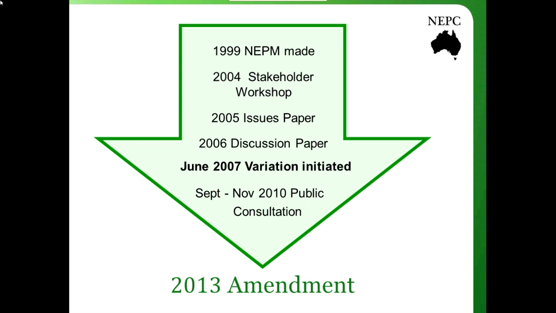As Andrew referred to, and as I did in my opening remarks, this has taken a very long time. The amendment has been through quite a lengthy process, starting off with the statutory review, the decision to carry out the statutory review in 2004, 5 years after the commencement of the NEPM.